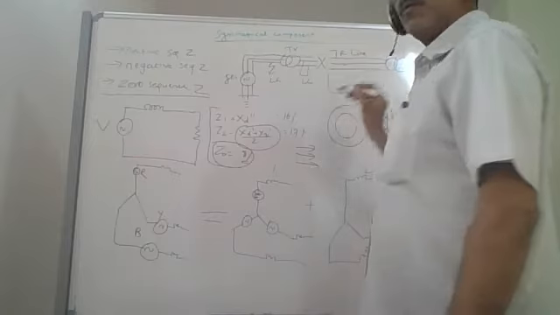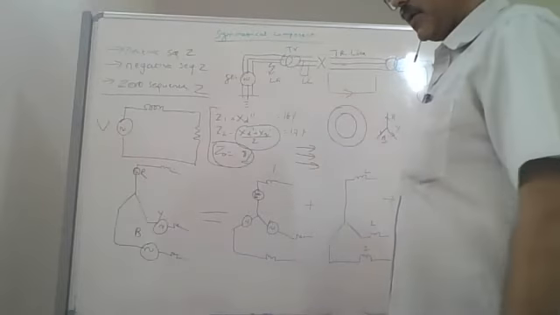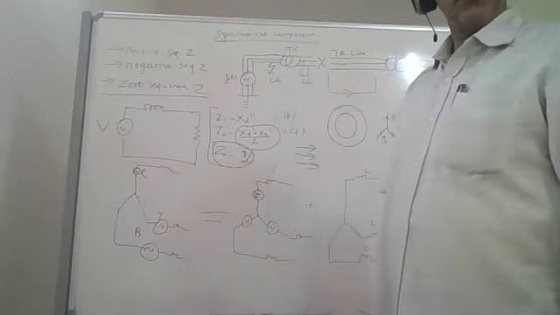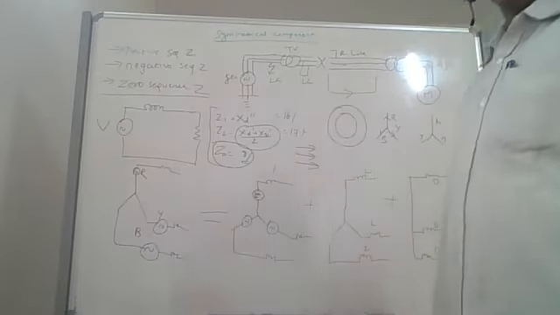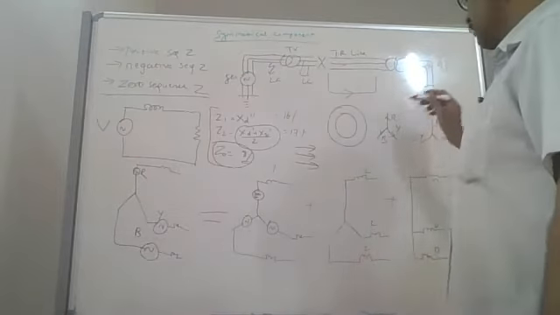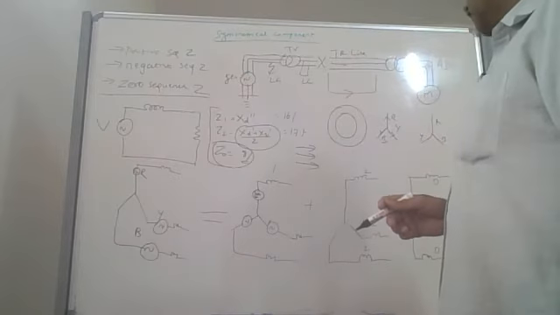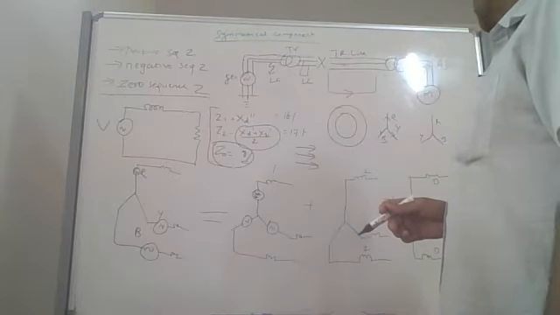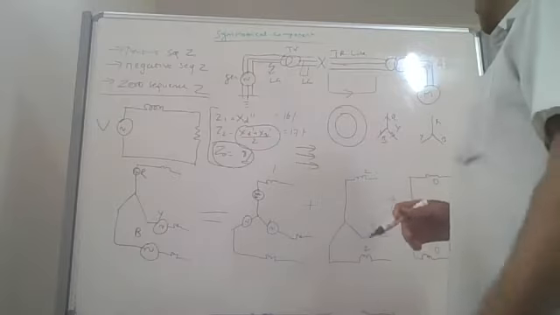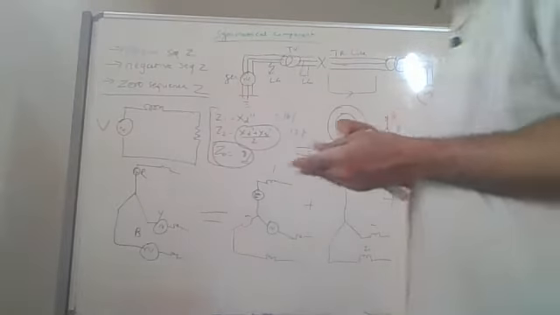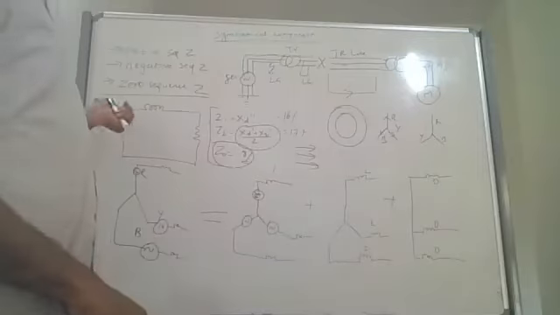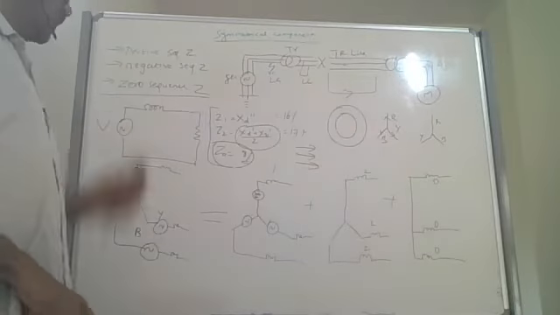Because it flows through the ground, it will be higher. And there are formulas to determine the impedances for that. And for a motor, positive and negative are almost the same, and the zero sequence impedance for a synchronous motor will be similar to our generator.